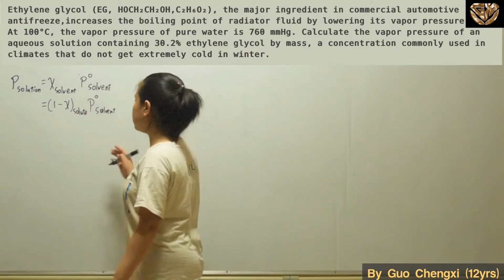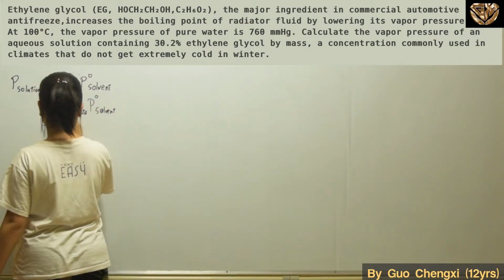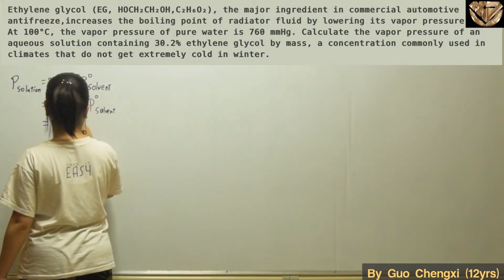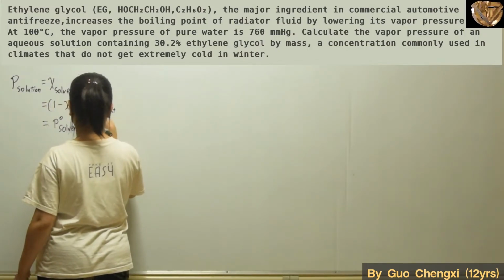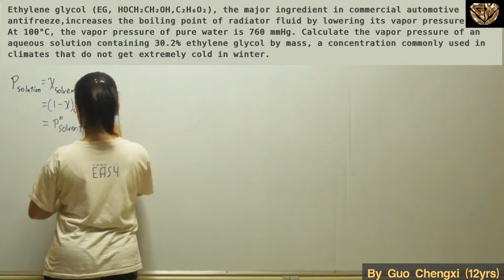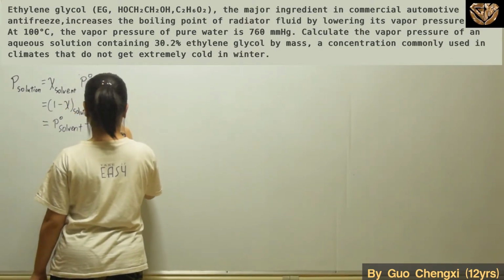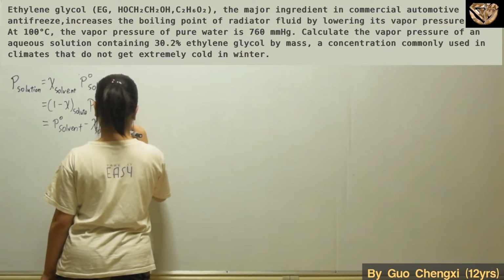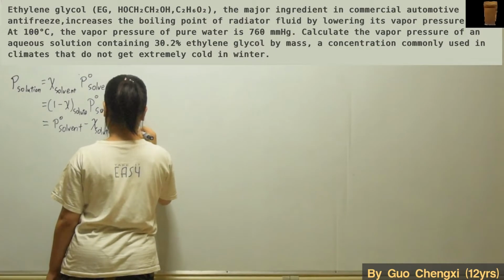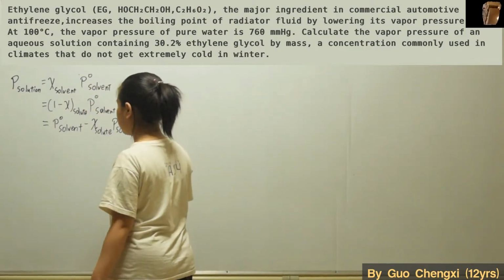So this will become the pressure of the pure solvent vapor minus chi of solute times the pressure of the pure solvent vapor. Okay, so this is what we'll get.